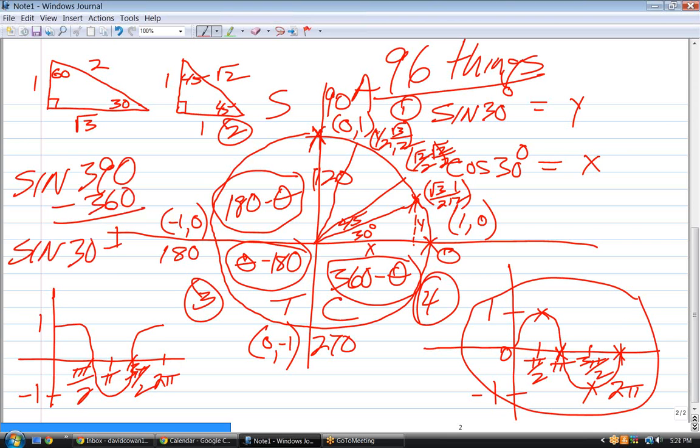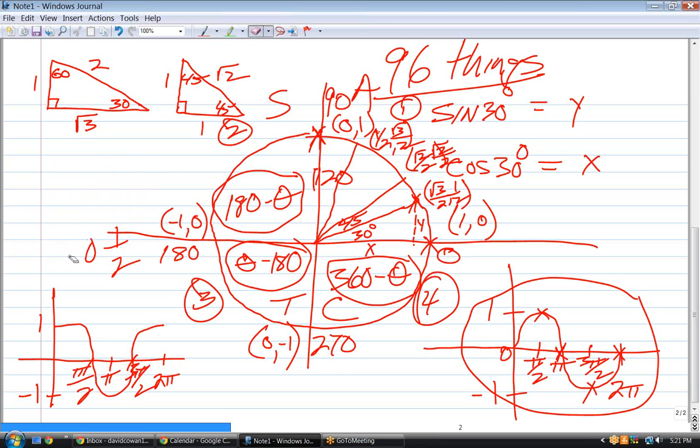From this triangle, that's 1/2. So now we can do any trig function for any angle as long as it's a multiple of 30, 45, 60, or 90.